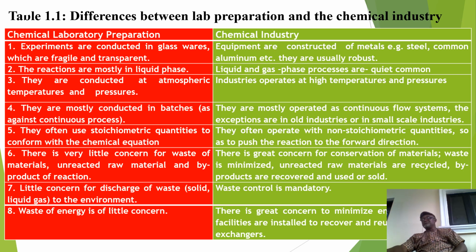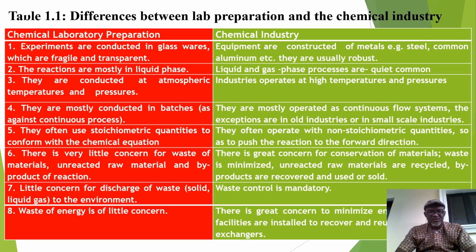We use metals, steel, aluminum, very solid and robust materials, because we don't want something that can break and then we'll lose our raw materials or products. And we also want to produce in large quantity. So all these differences, number 1 to 8, is what makes the chemical industry different.